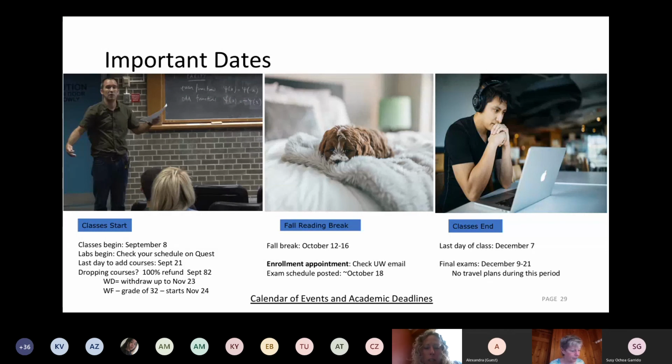So definitely, if you're feeling that the WD is something you're considering, reach out to any one of the advisors, whether it's the first year science undergrad office team, even the biology advisors, especially if it's a biology course. Feel free to contact us, and we can discuss what the next opportunity is for the course, or what pathway works best for students.